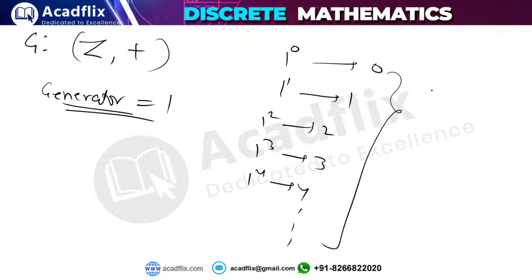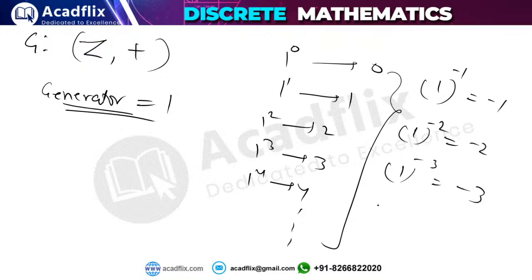Can you generate all the negative numbers? Yes. 1 power -1 will be -1, 1 power -2 will be -2, 1 power -3 will be -3, 1 power -4 will be -4, and so on. So you can see that every element is generated from 1.